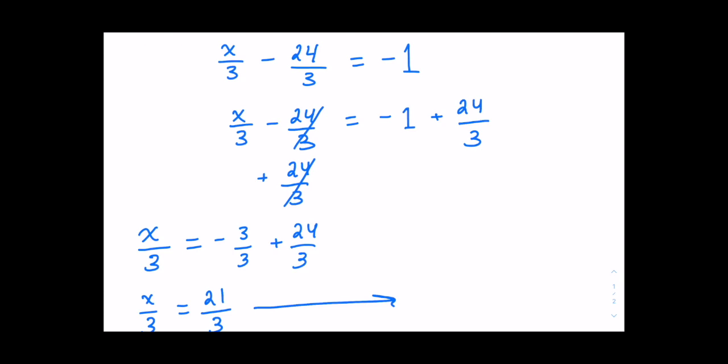And then we want to multiply 3 to both sides. And then we get that x is equal to 21.